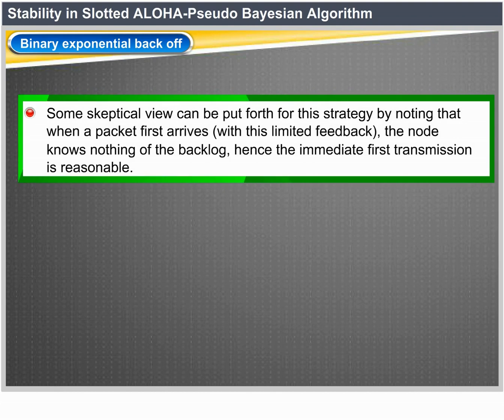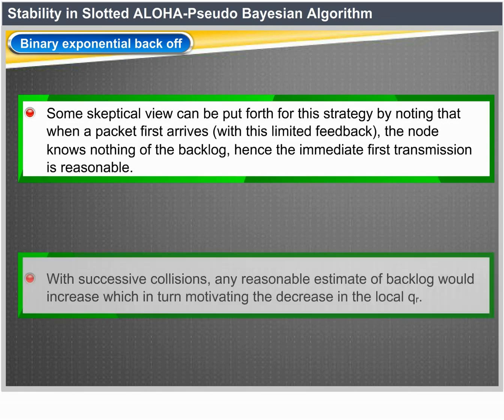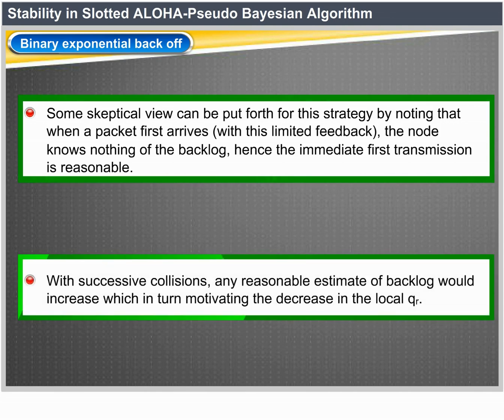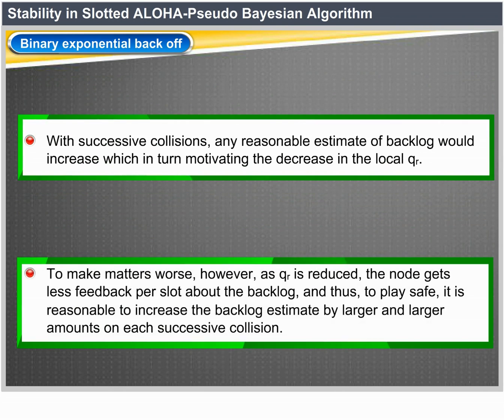With successive collisions, any reasonable estimate of backlog would increase, motivating the decrease in the local qr. To make matters worse, however, as qr is reduced, the node gets less feedback per slot about the backlog, and thus, to play safe, it is reasonable to increase the backlog estimate by larger and larger amounts on each successive collision.